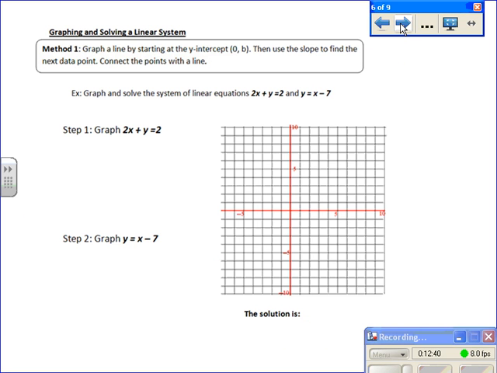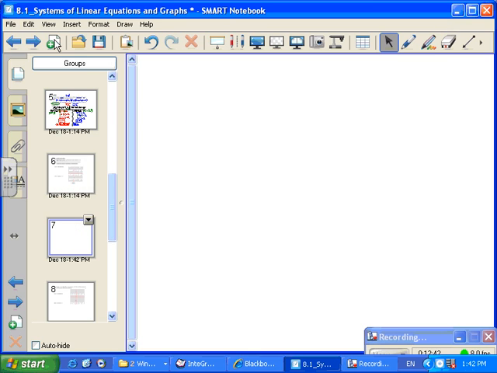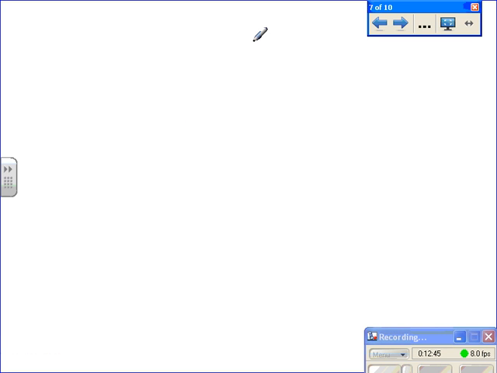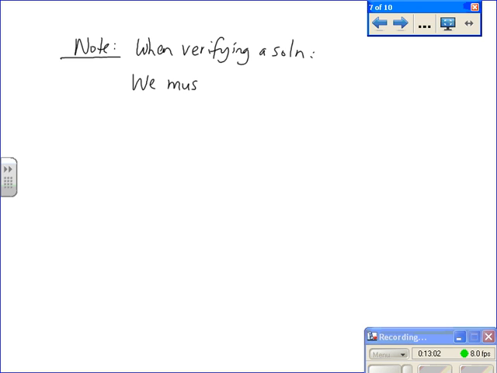I'm going to add a little note to your notes. When verifying a solution, we must get two true statements. They don't have to match. That's the key. They just both need to be true.